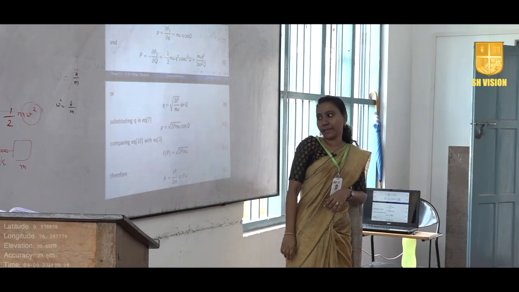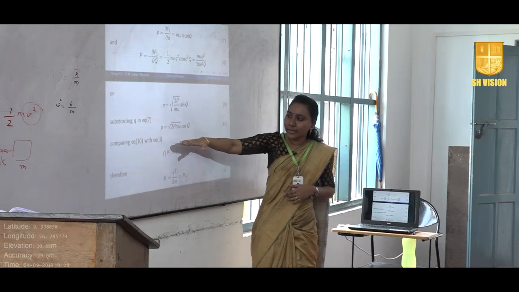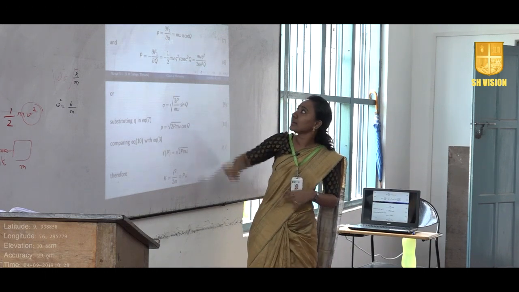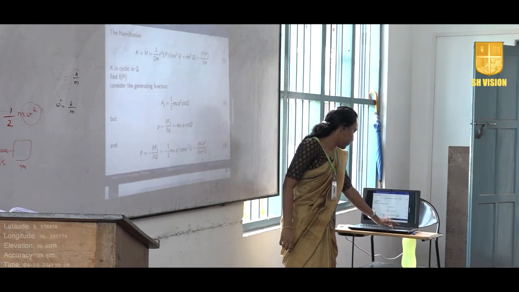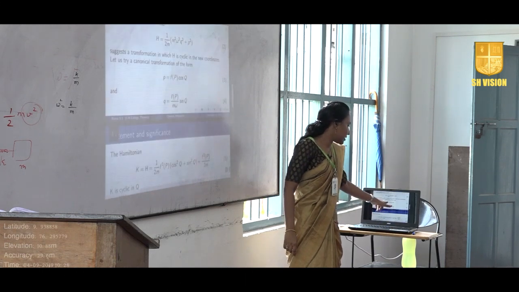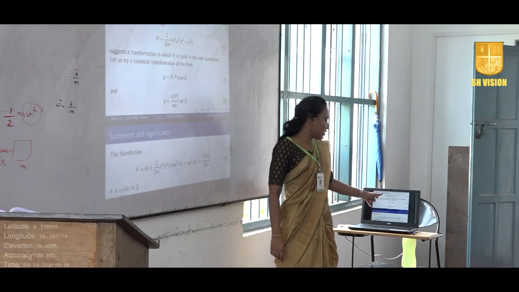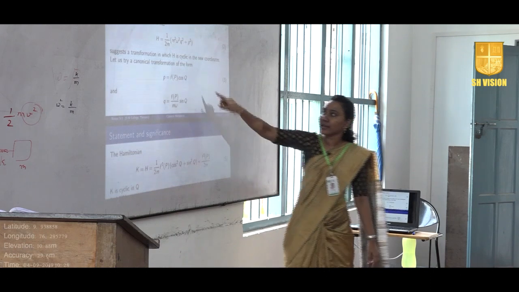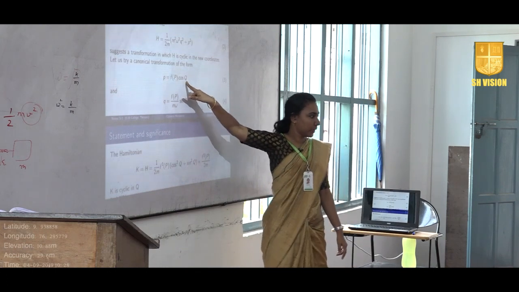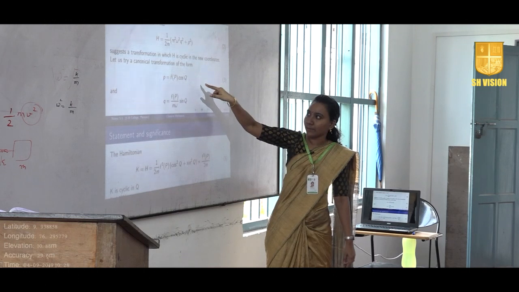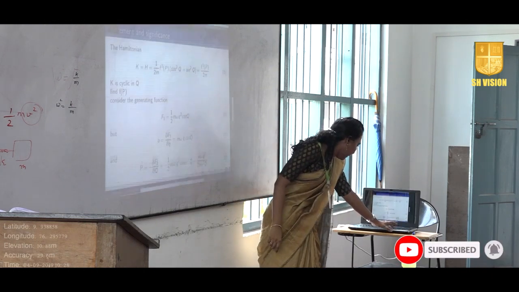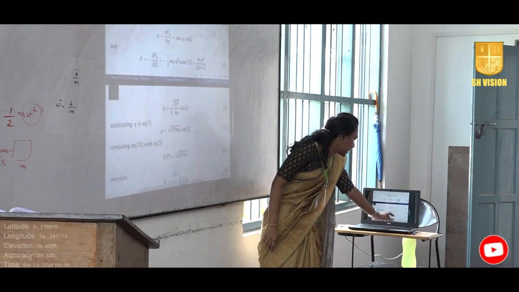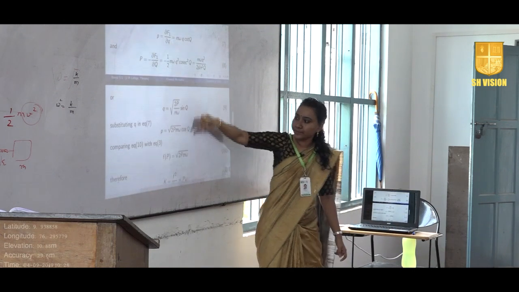So you can now compare this equation 10 with equation 3, which is also p equal to a function f of P times cos Q, capital Q. And if you compare this term with the newly generated p, there is a cos factor here.